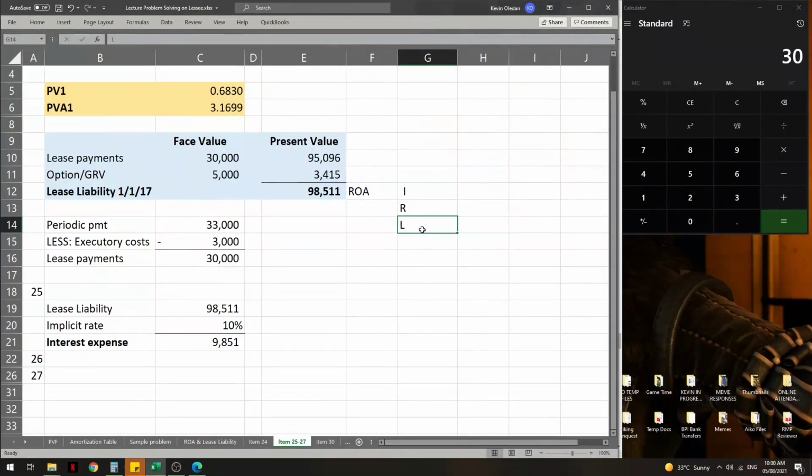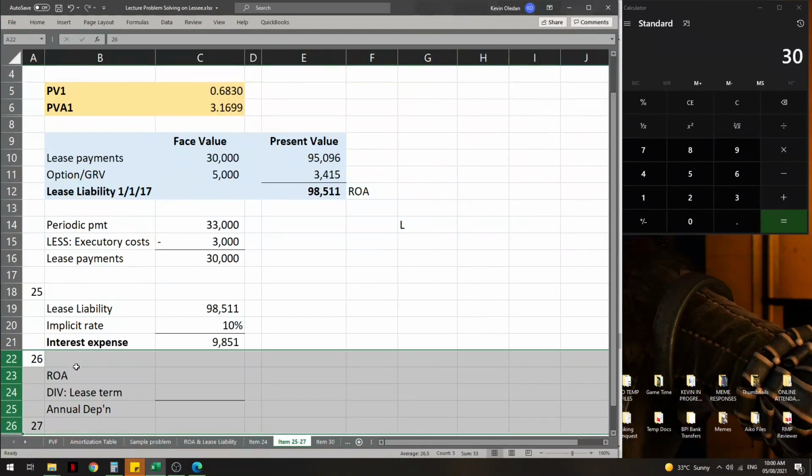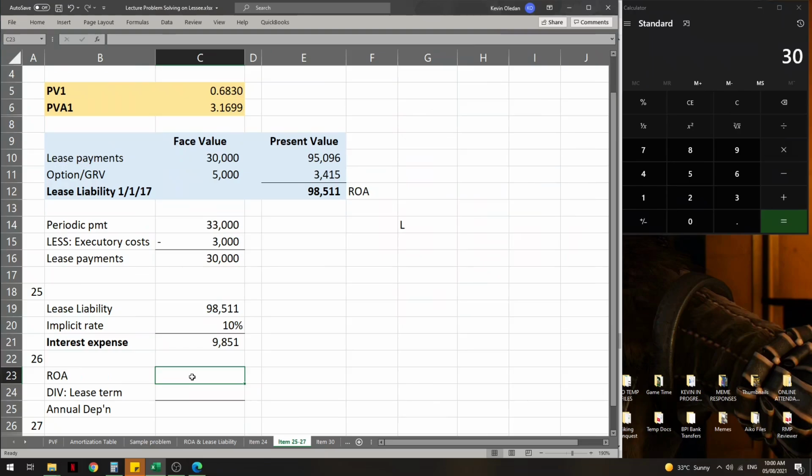So in this problem po, ang ROA, walang initial direct cost, walang restoration cost, meron lang lease liability. That means if I'm going to compute for ROA, I will have my ROA equal to my lease liability as of January 1, 2017. Mag-equal lang yan sila kasi po wala naman tayo initial direct cost at restoration cost, di ba?